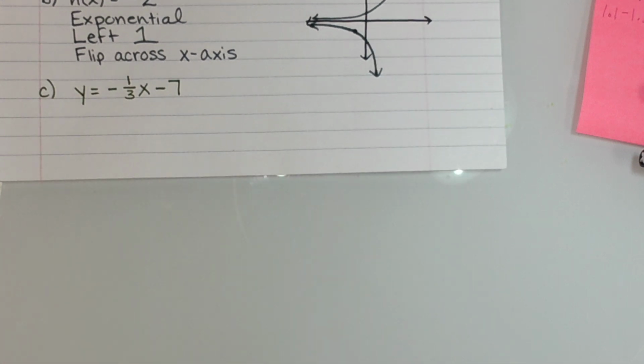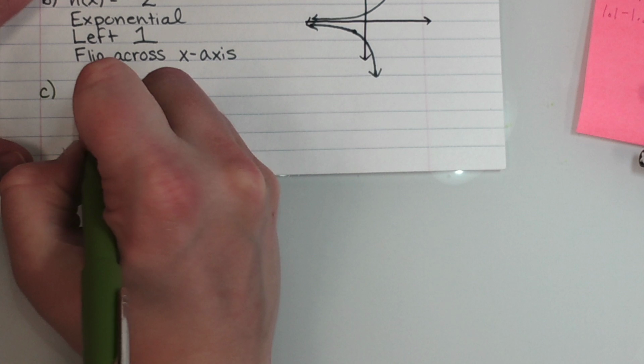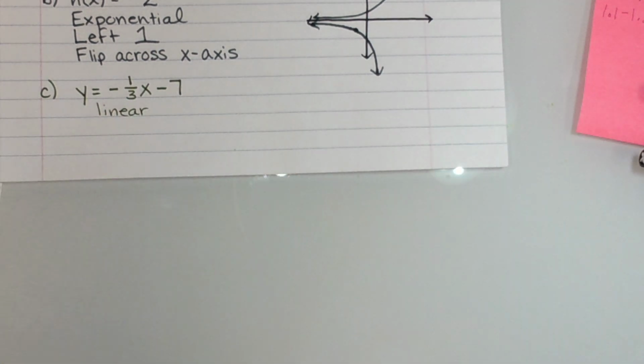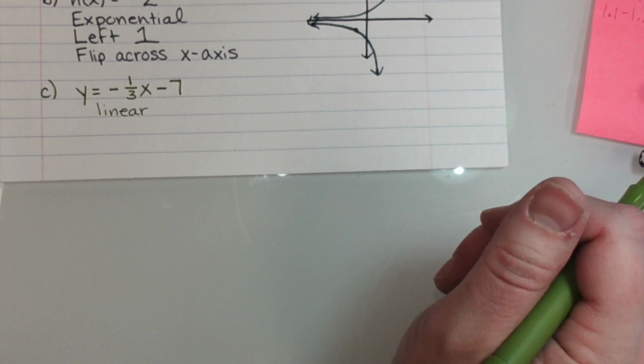Y equals negative 1/3 x minus 7. What family? Linear. Can be written as y equals mx plus b. In fact, it is written as y equals mx plus b.